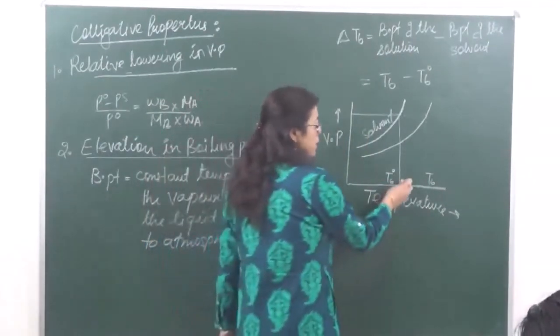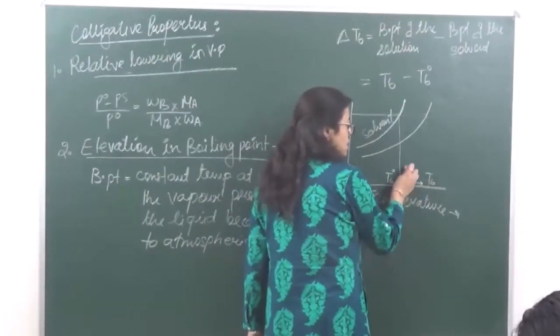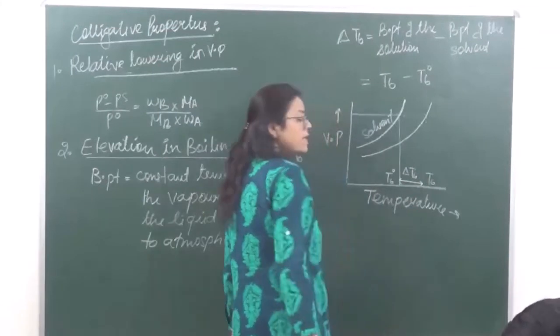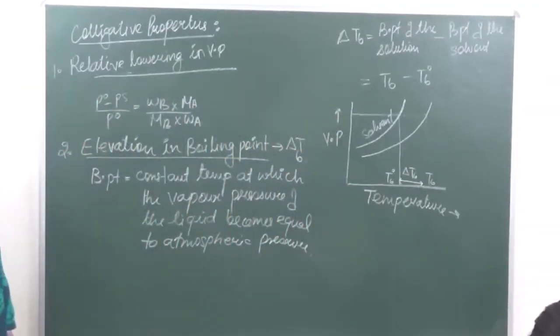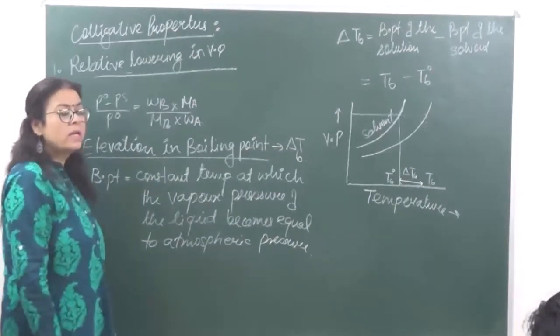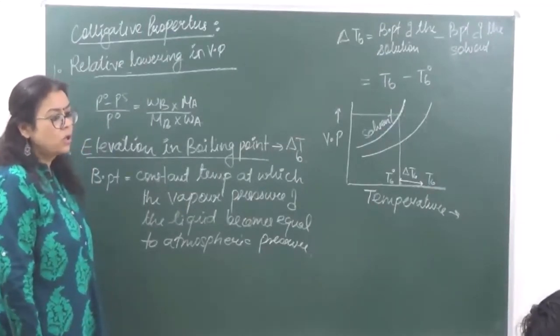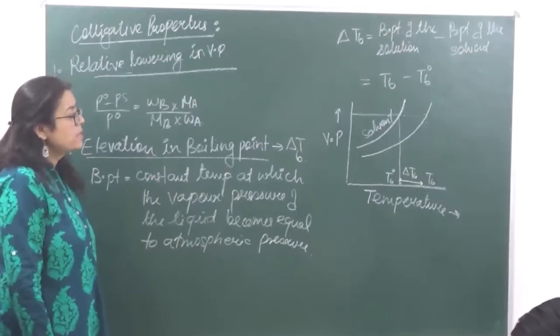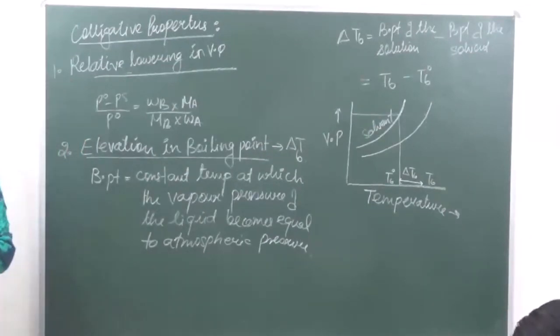The difference between the two, this difference, is given as delta Tb. So delta Tb over here is the elevation in boiling point, that is the increase in boiling point when a non-volatile solute is added to a solvent. Okay, so Tb is the boiling point of the solution and Tb naught is the boiling point of the solvent.